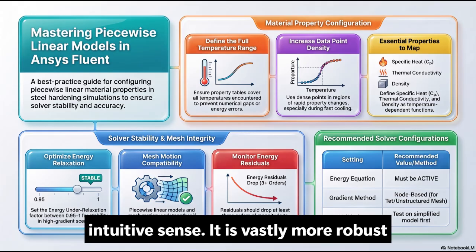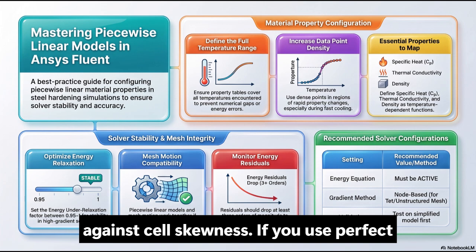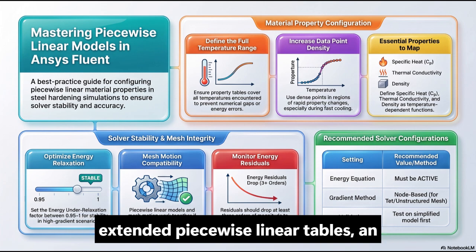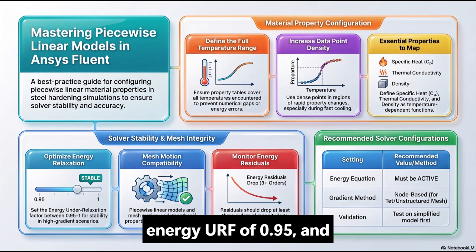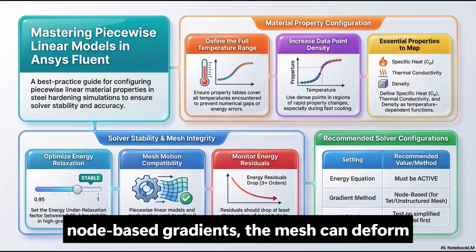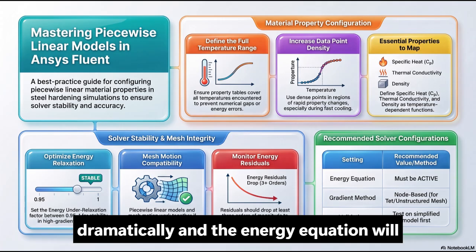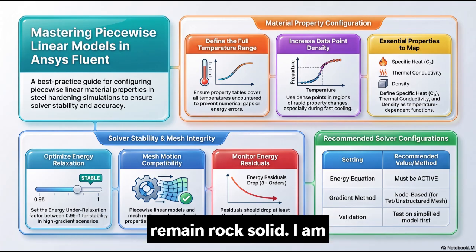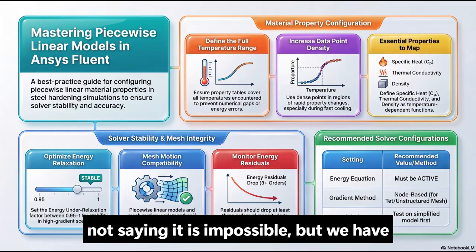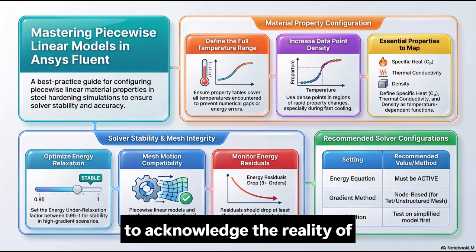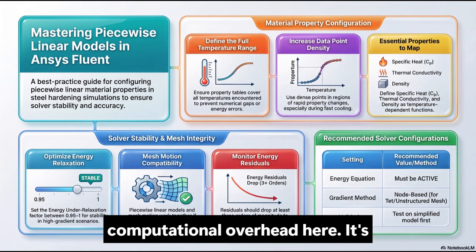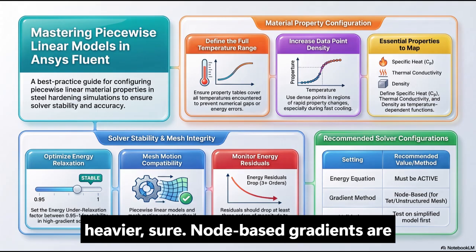It is vastly more robust against cell skewness. If you use perfect extended piecewise linear tables, an energy URF of 0.95, and node-based gradients, the mesh can deform dramatically and the energy equation will remain rock solid. I am not saying it is impossible, but we have to acknowledge the reality of computational overhead here. It's heavier, sure.